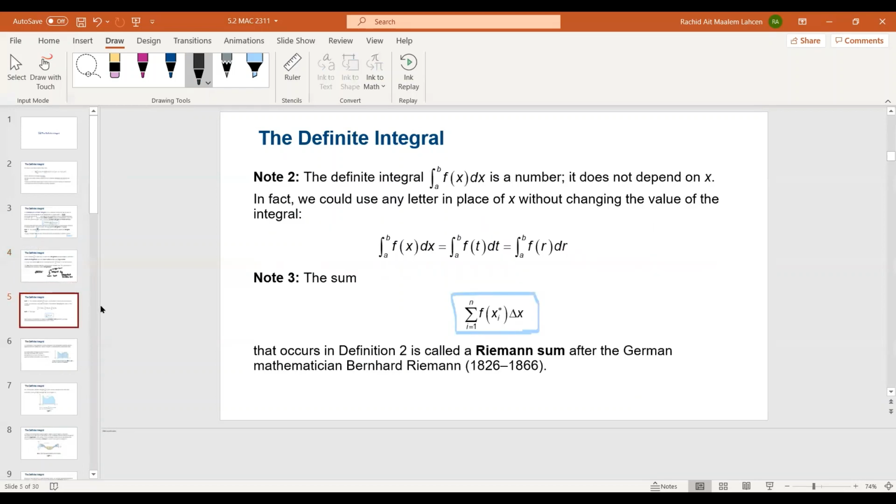The definite integral in this section 5.2 does not depend on x. In fact, we could use any letter in place of x without changing the value of the integral. So what does it mean here? Not to confuse it with that part of differentiation.